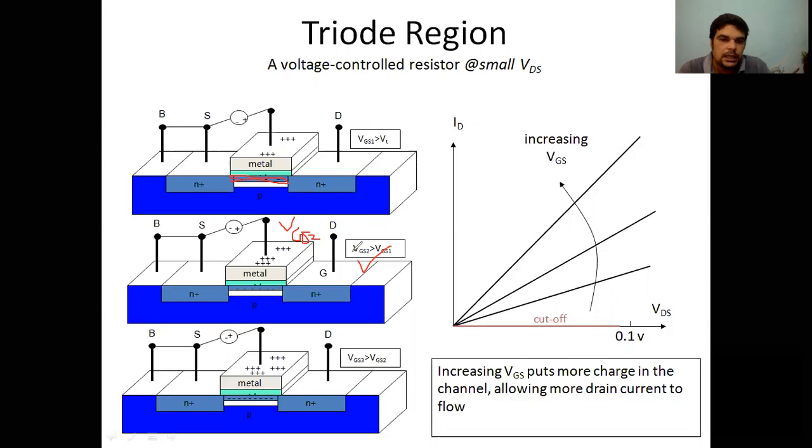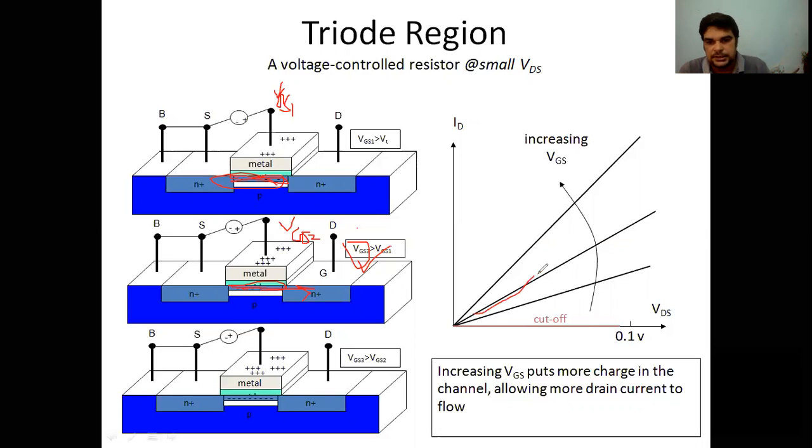So obviously, if VGS2 is greater than VGS1 that we applied here, in case we were applying VGS1 here, the number of electrons in this N channel will be more in comparison with this. That's why more drain current will also flow in this case.